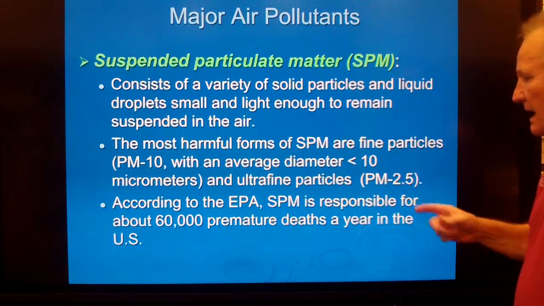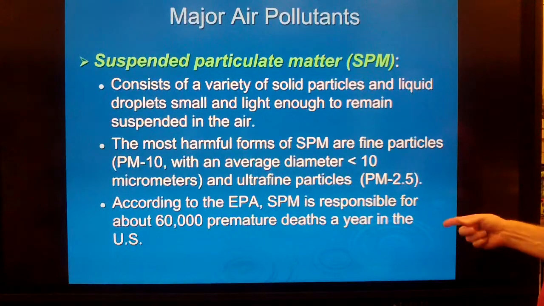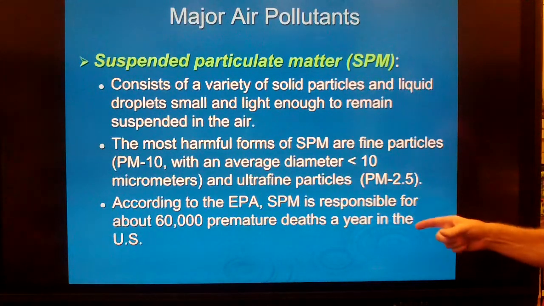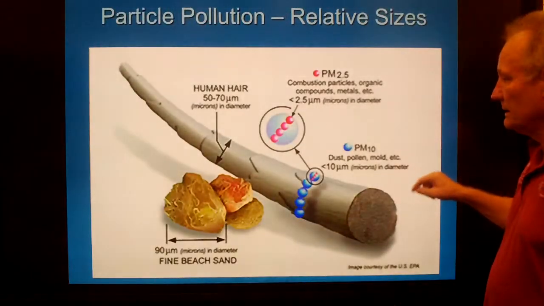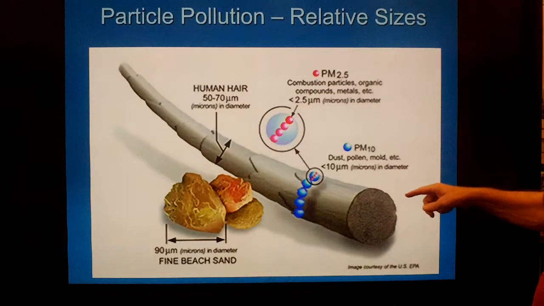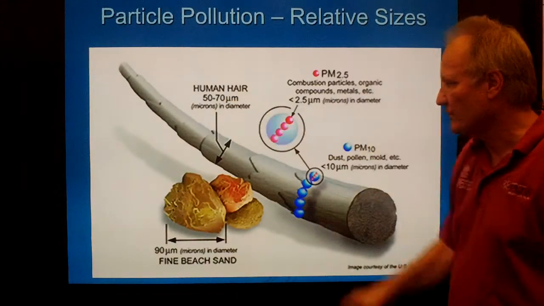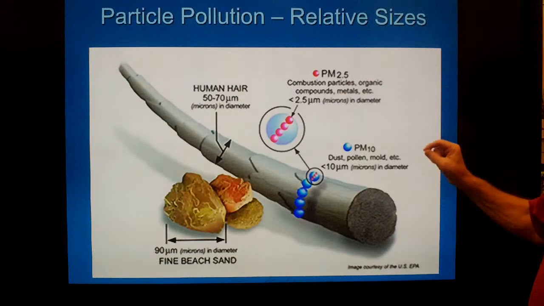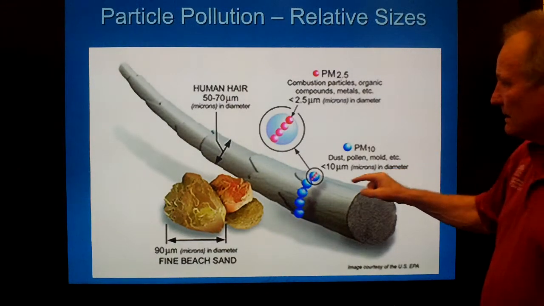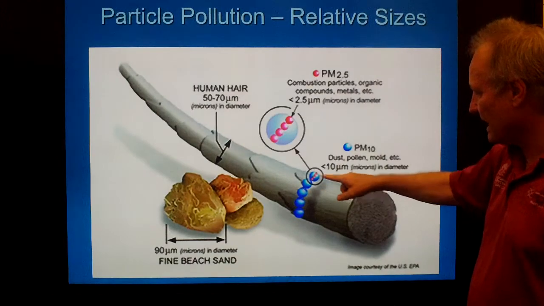According to the EPA, about 60,000 premature deaths a year in the United States alone are because of suspended particulate matter. To give you some clue of this, here's a human hair, which is about between 50 and 70 micrometers in diameter. So we're talking about PM10, so that's a fifth or a seventh of that size.